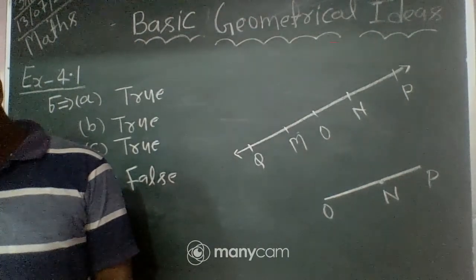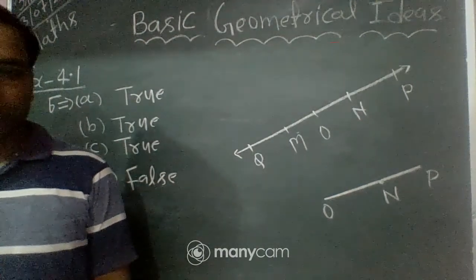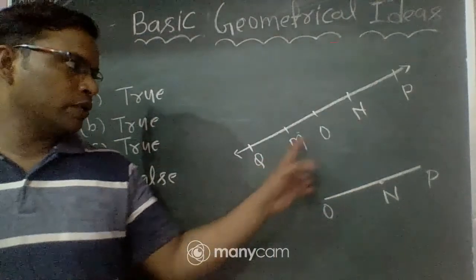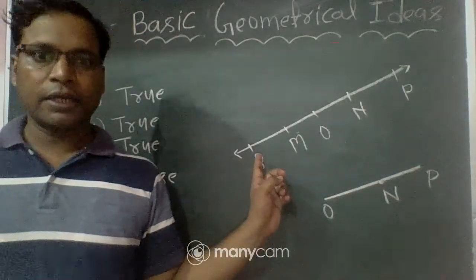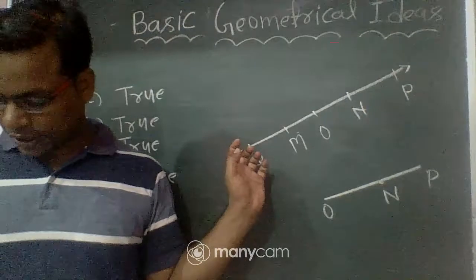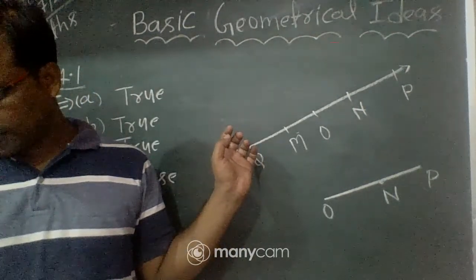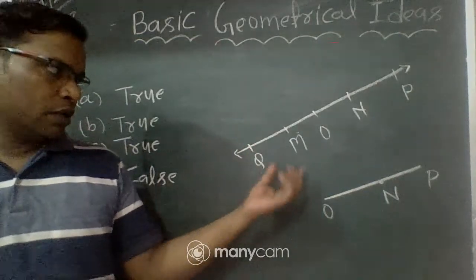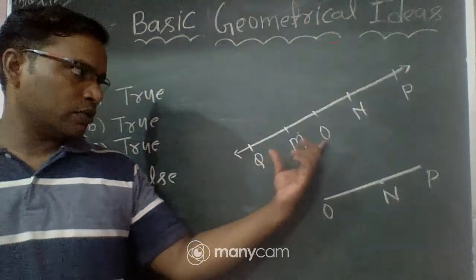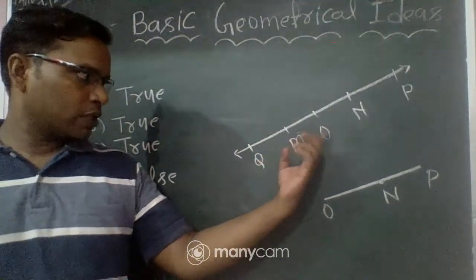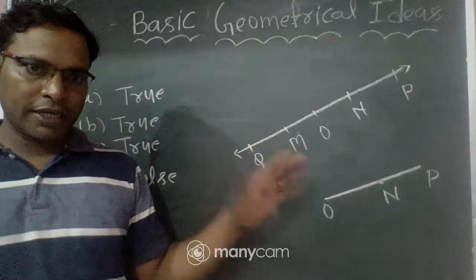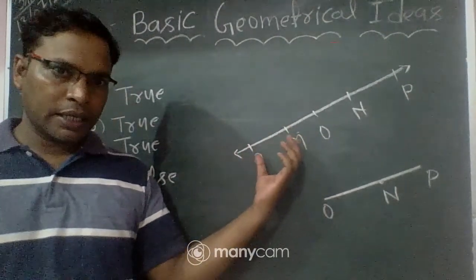And E part. M is one of the endpoints of the line segment OQ. Where is OQ? So the question told us that M is one of the endpoints of line segment OQ. So O and Q, line segment OQ. अब देख रहे हो OQ. तो M end point नहीं है. M तो mid interior point है कहीं.